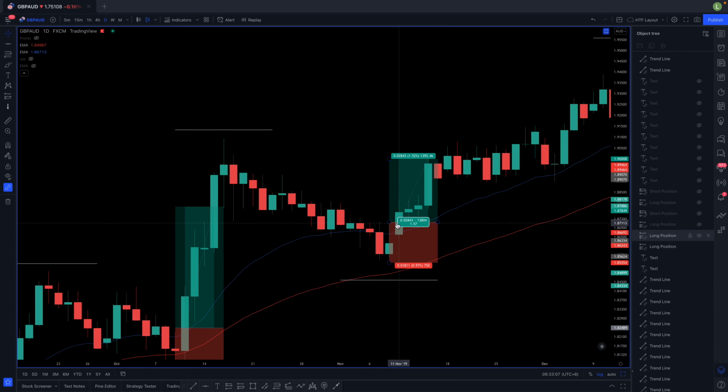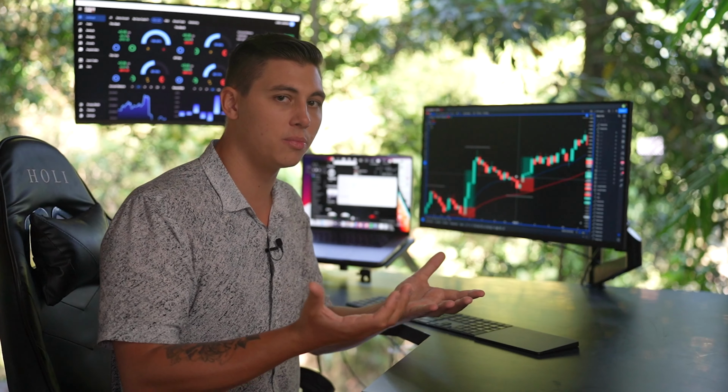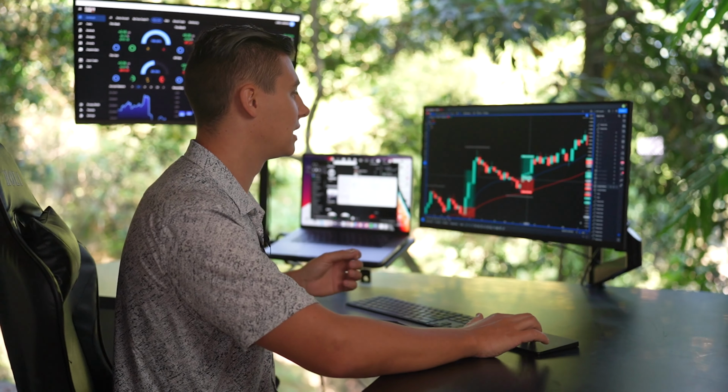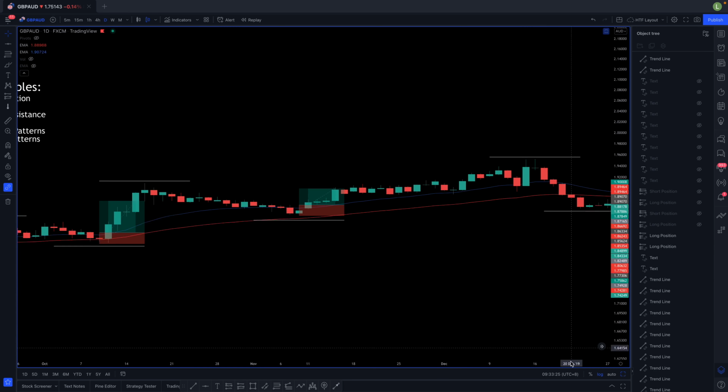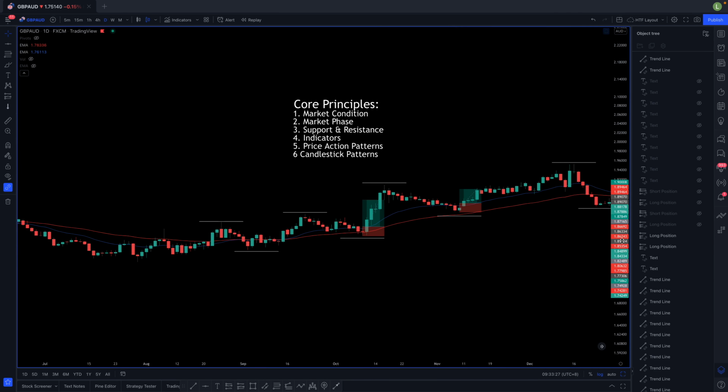That was finally when that broke, and we ended up taking profit on that one. So that's why we do that entry order above price rather than doing a live market execution, because we don't know. Price might continue down, and that's a little extra safety mechanism built into the strategy, right? So let's zoom out again.